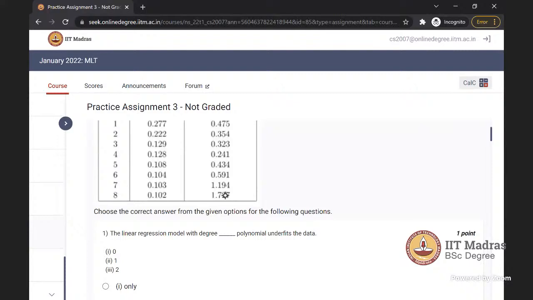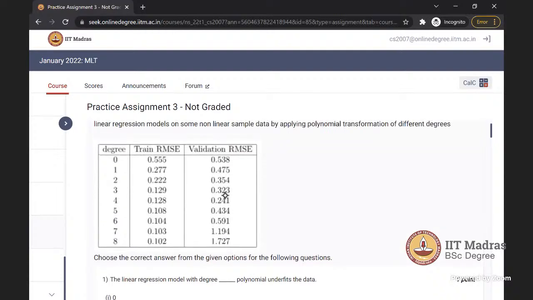The linear regression model with blank degree polynomial underfits the data. Okay, so which of the 3, 0, 1 or 2, if we take a polynomial of degree 0, 1 or 2, which of these is going to underfit the data? Can you tell me by looking at this chart? It looks like degree 0 because both errors are very, very high.